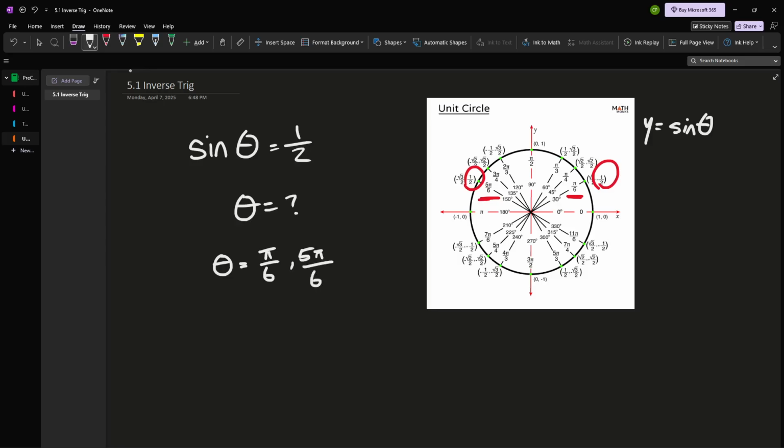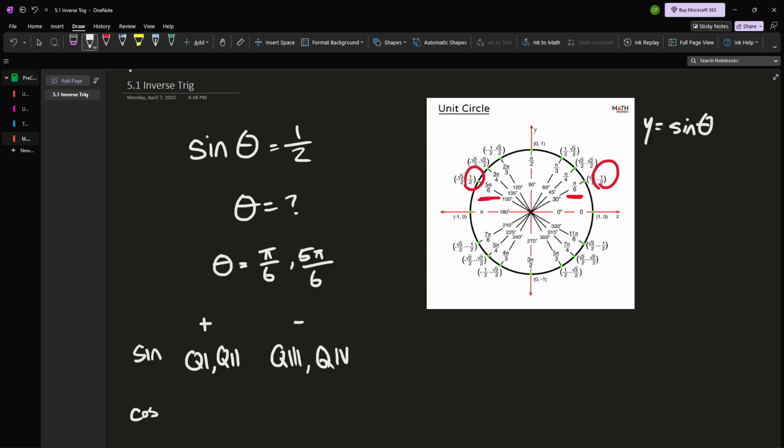You also mentioned this before about quadrants. A little reminder about quadrants and their results. Since sine is related to y, it is positive in quadrants 1 and 2, whereas it's negative in quadrants 3 and 4, because y is positive in the top quadrants and is negative in the bottom quadrants.